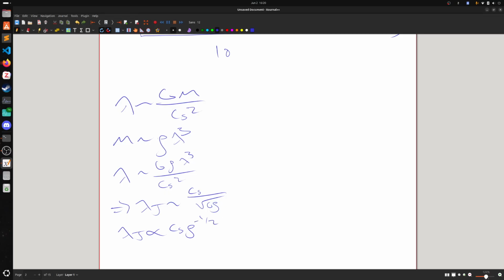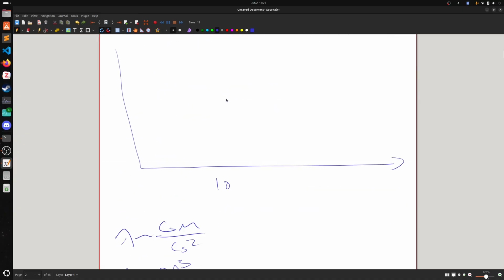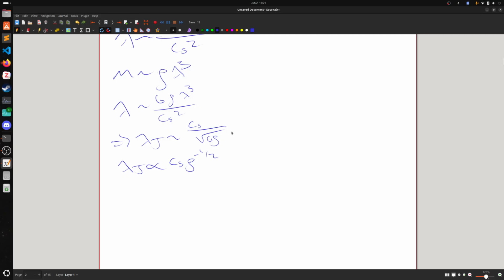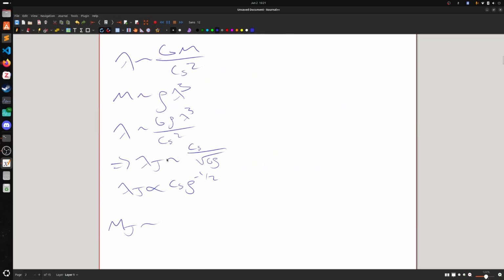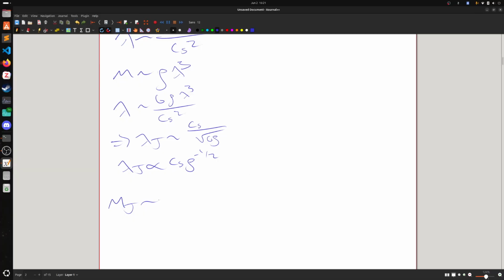Now, your mass is given by what we had up here. So your Jeans mass goes roughly as lambda_J cubed times rho.